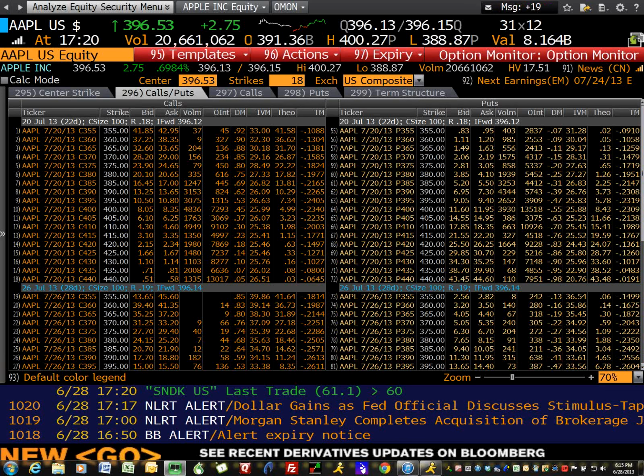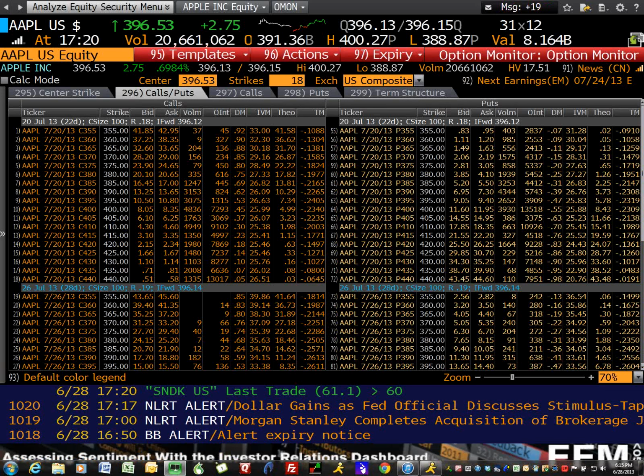They basically have to double up on their position, because the thing just takes off on them, and their delta goes from 0.5 to 1 in no time. There is nothing left in terms of time or implied volatility.